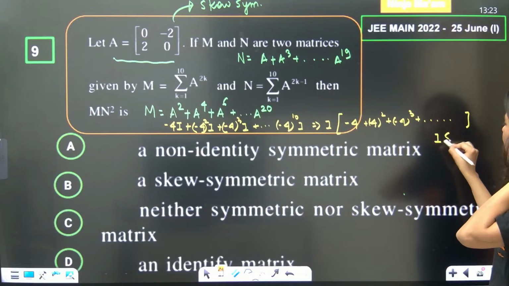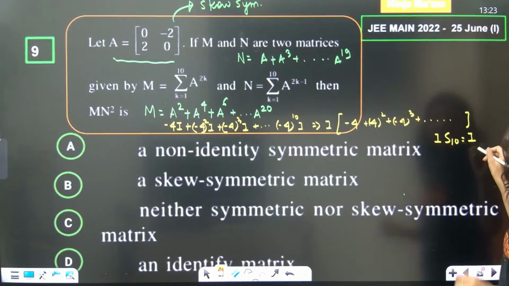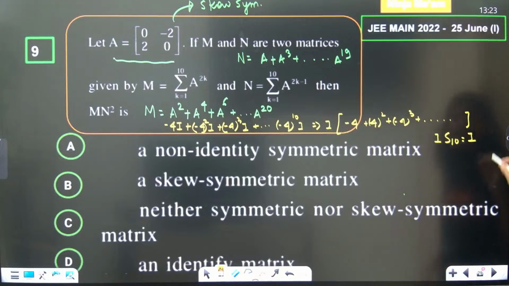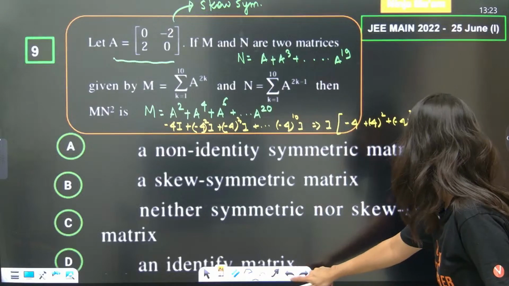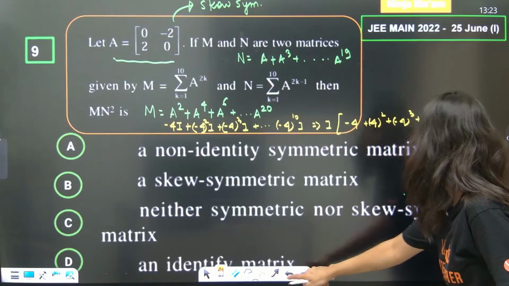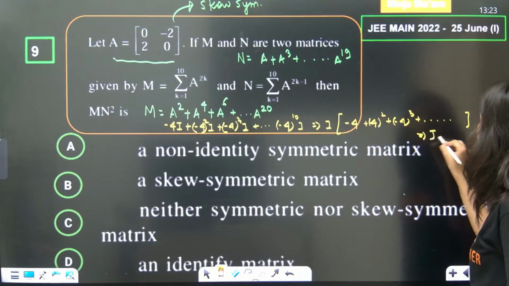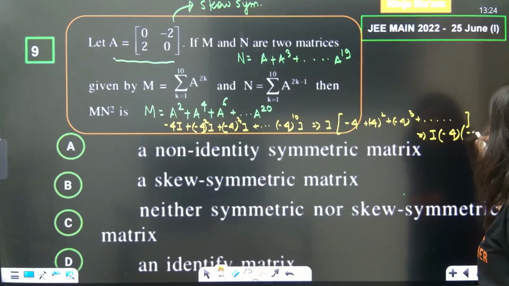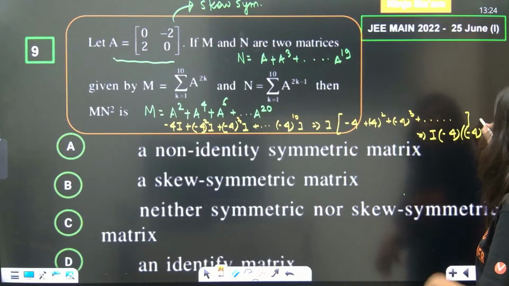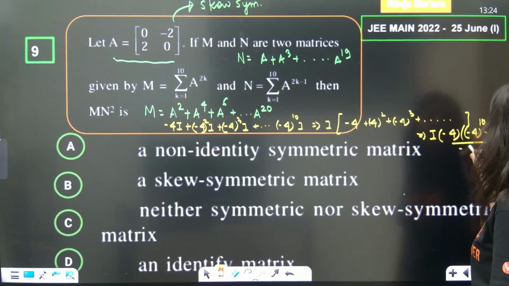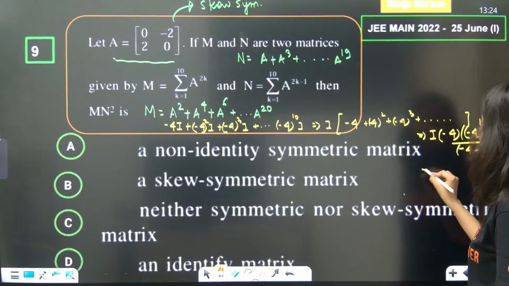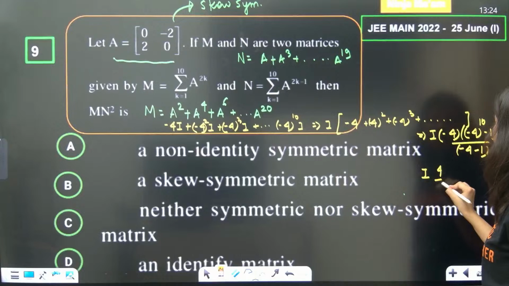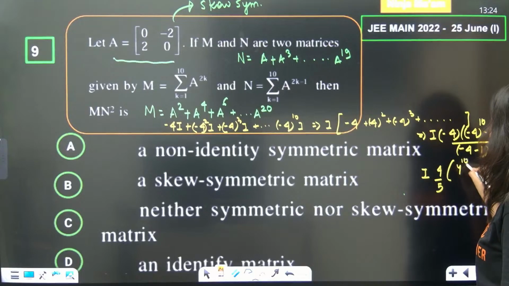Identity matrix into S10, where the first term is minus 4. The sum of 10 terms is the identity matrix into first term times r power n minus 1, so minus 4 times (minus 4 power 10 minus 1) upon minus 4 minus 1. So identity matrix times 4 upon 5 times (4 power 10 minus 1).